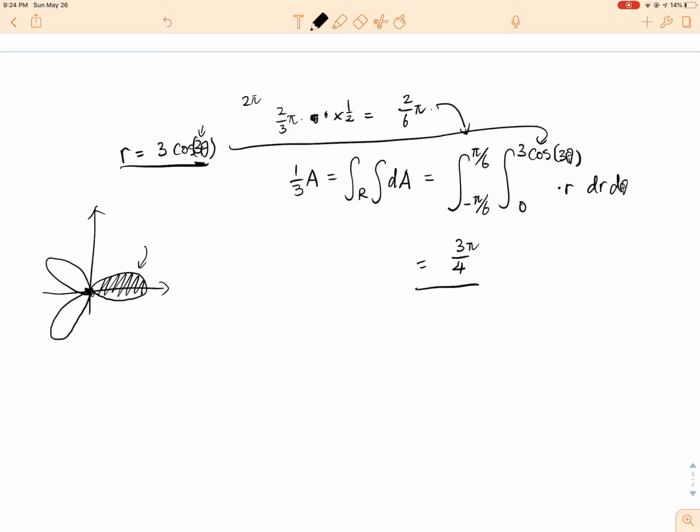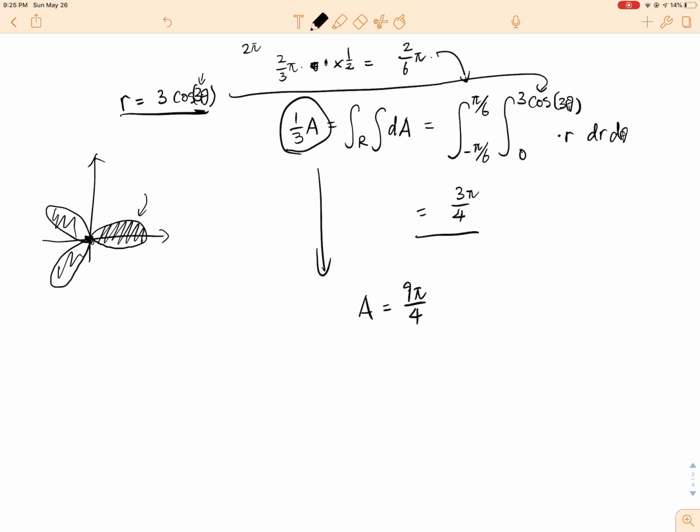Yeah, that's 1/3 of the area. So if we want to get the whole area of this flower, it will be 9 pi over 4. That's how you solve a double integral using polar coordinates and get the area or the volume. Thank you.